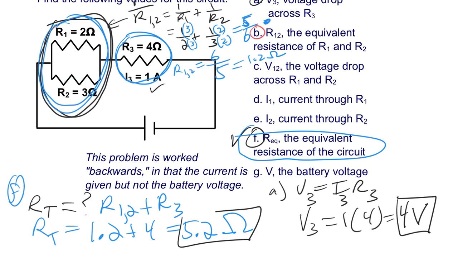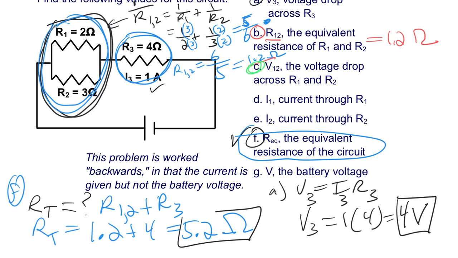Looks like we already did R12 right up here to the left. And that's 1.2 ohms. Just look to the left there.